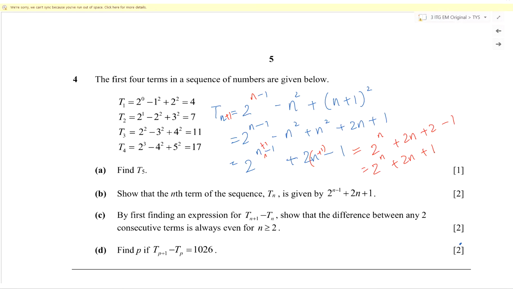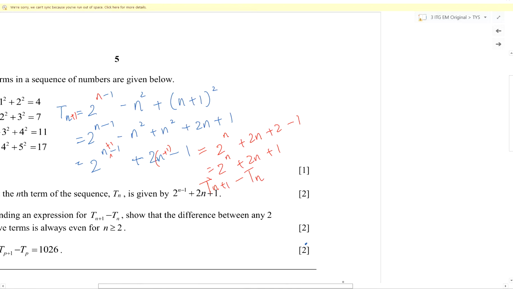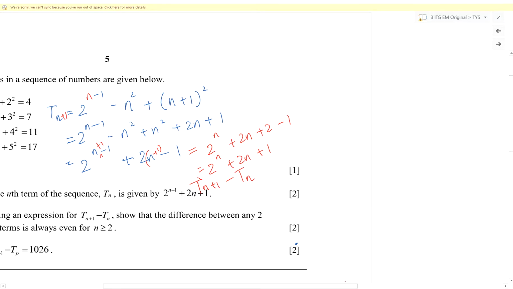Okay, let us take away Tn from Tn plus 1. I'll move over to the right hand side. Now this. 2 power n plus 2n plus 1.